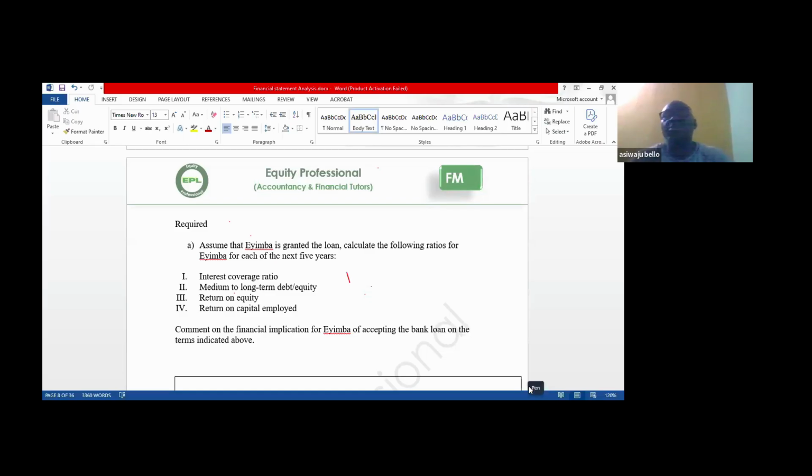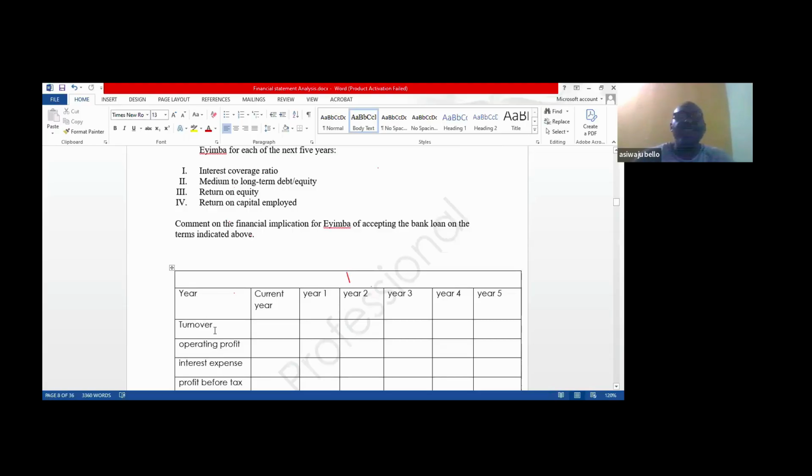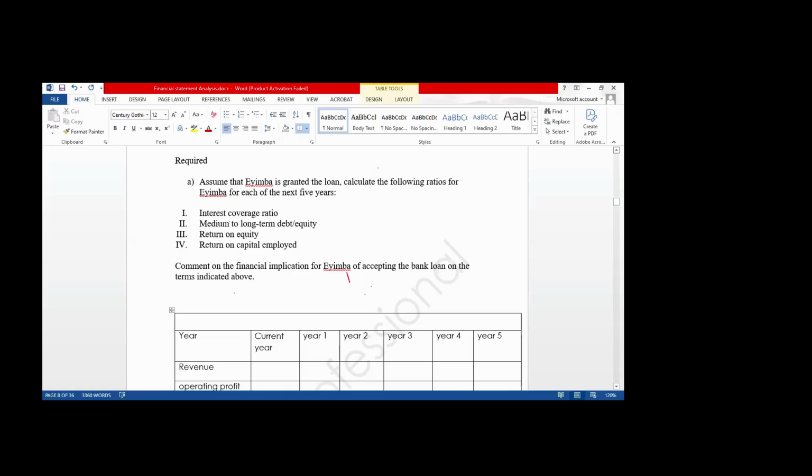Let us look at the loan. This is revenue, for simplicity. Now let's go to it. In the current year, what is the revenue amount?